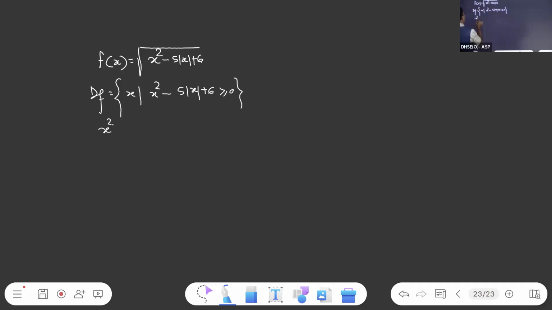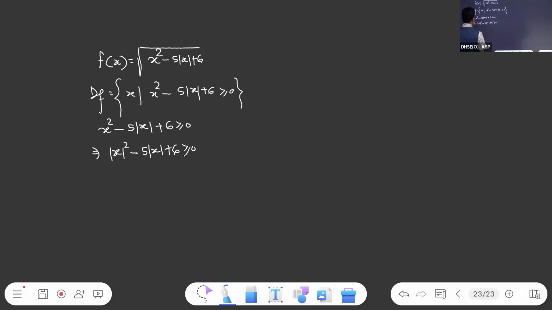So x² − 5|x| + 6 ≥ 0. You know x² is equal to |x|², so in place of x² you can write |x|² − 5|x| + 6 ≥ 0.